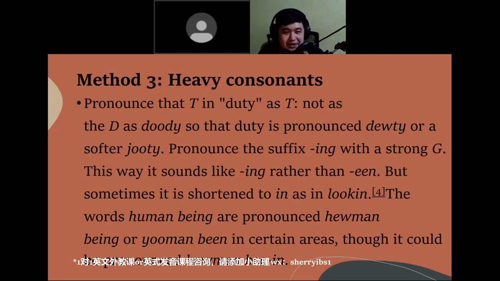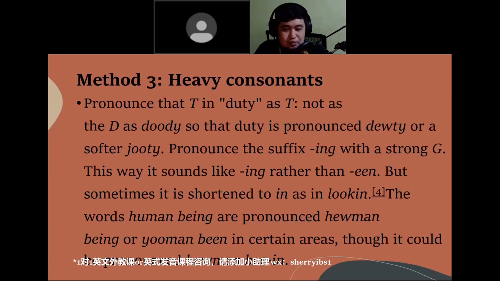Pronounce the suffix "ing" with a strong G. This way it sounds like the "ing" rather than "en" or "in". But sometimes it is shortened to "in", as in "looking".